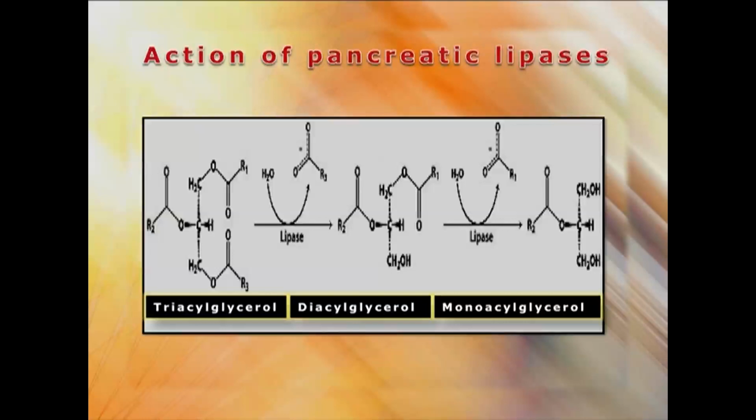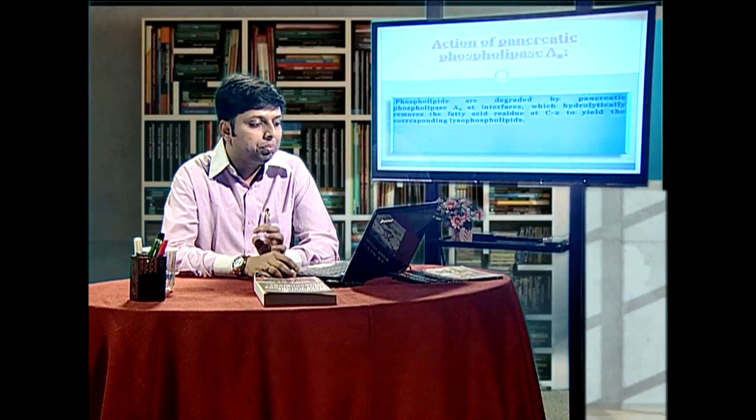The fatty acids are removed sequentially, giving rise to diacylglycerol and monoacylglycerol. The free fatty acids are released into the different tissues, whereas the glycerol molecules are sent to the liver and the kidneys where they are further metabolized.